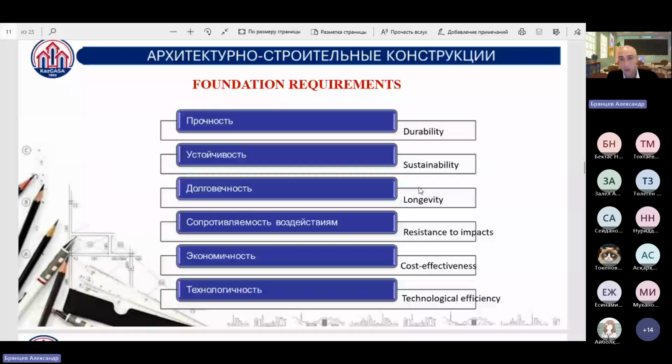So cost effectiveness. The structural solutions must be rational, providing strength and reliability at the optimal cost. Very important thing. And the last one is technological efficiency.